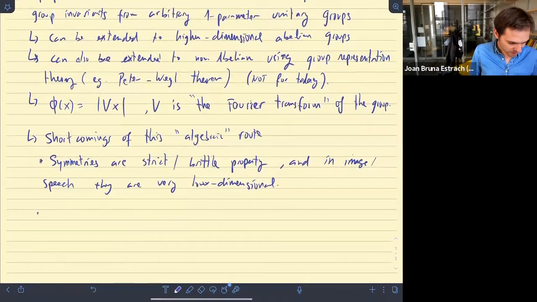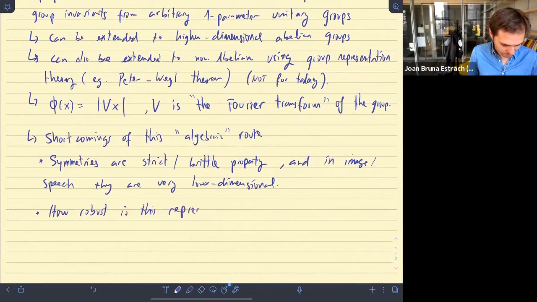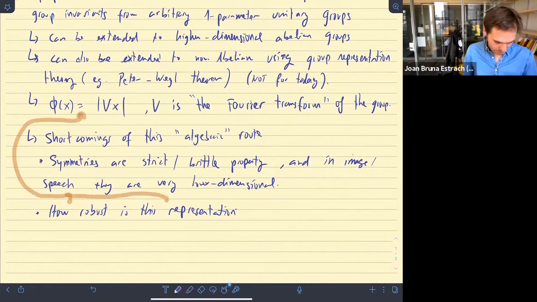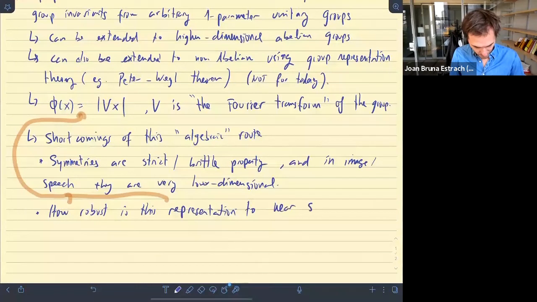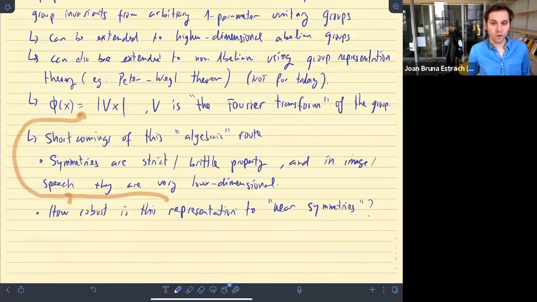The other question is that we need to understand how robust this representation, the one I'm describing here, is to symmetries. This we don't know.